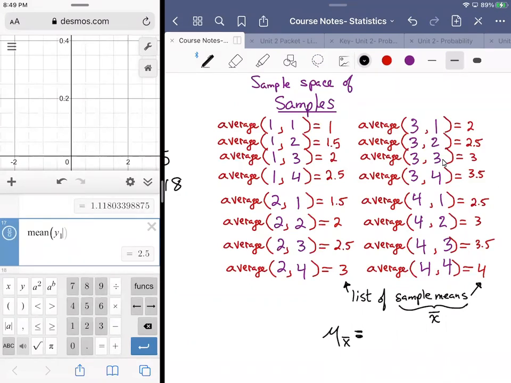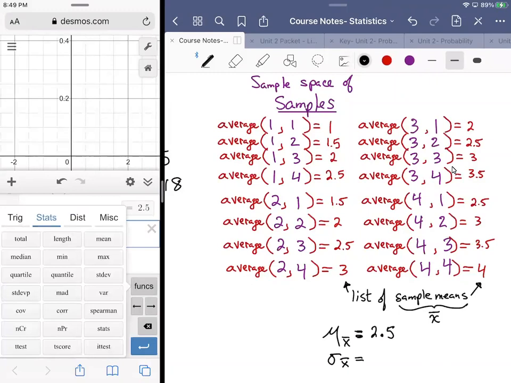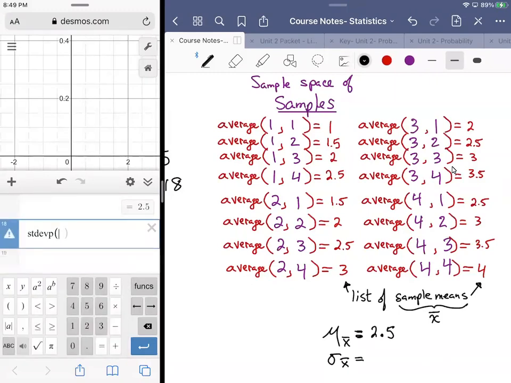So the mean of those sample means ends up being 2.5. I also want the standard deviation of those sample means. The population standard deviation is stdev P of Y1, and we get about 0.791.